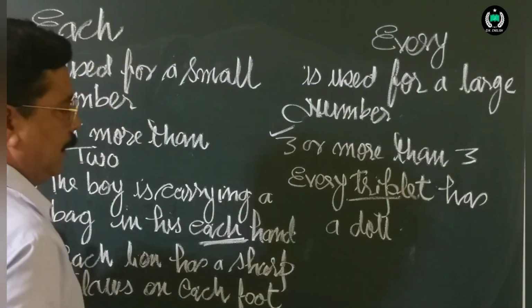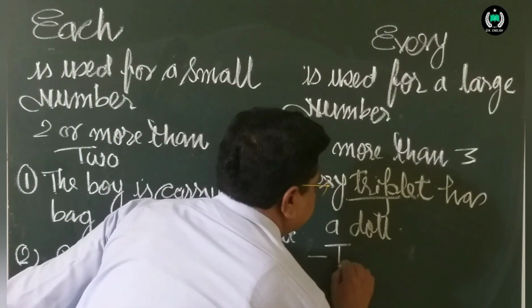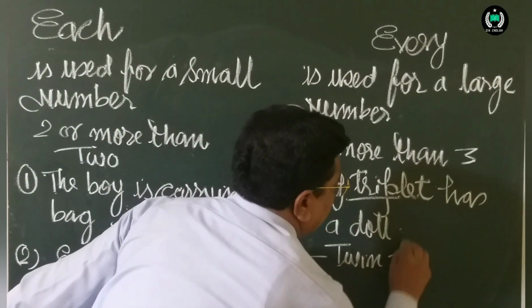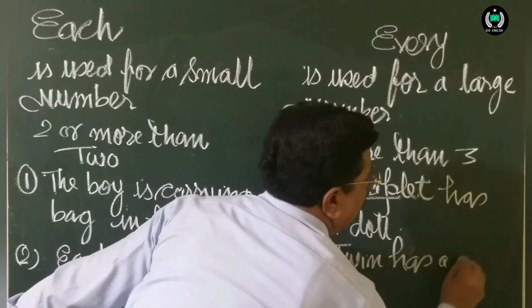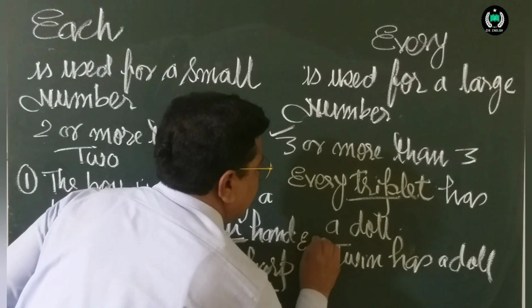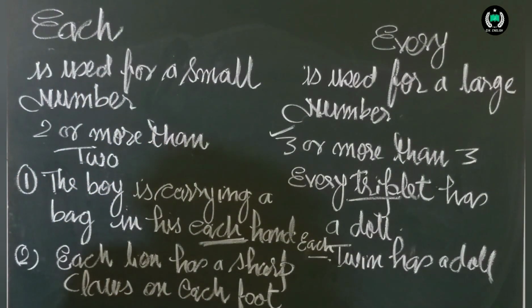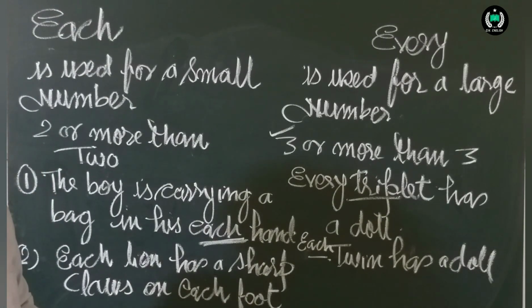Every triplet has a doll. Now one example: Twin has a doll. What will go? Twin, each. So this is very simple. When there are two things, use each. When there are three things, use every. Very simple. But more than two and more than three, yes, it makes us confused.